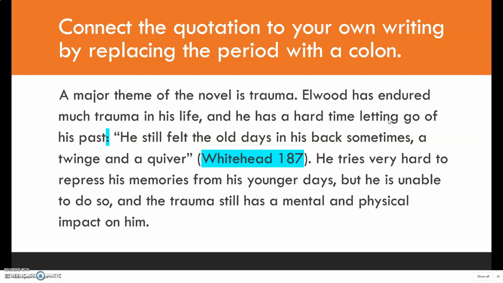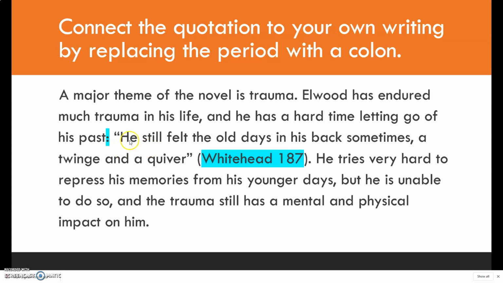Instead of where the student had a period here, you could use a colon and still keep the introductory sentence. This is a full sentence before the quote, but a period means full stop, and we want to keep the quotation within a sentence we have written as writers.